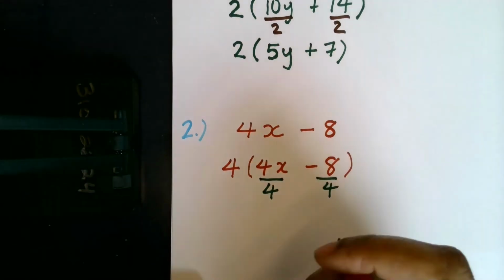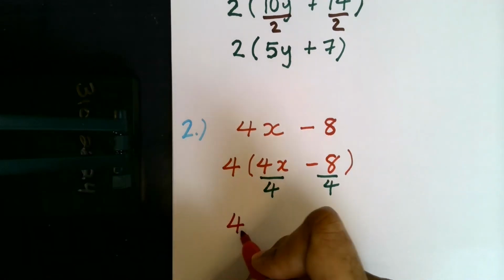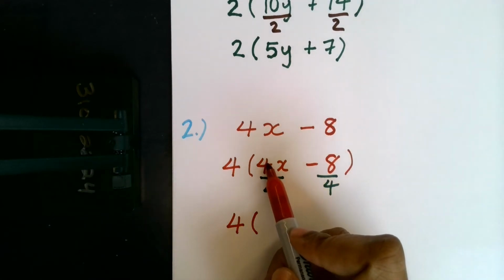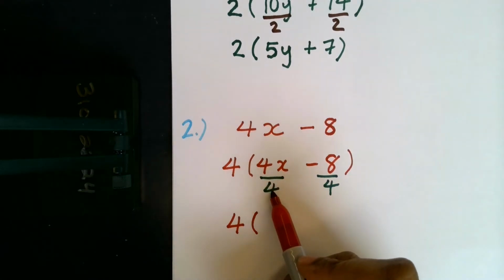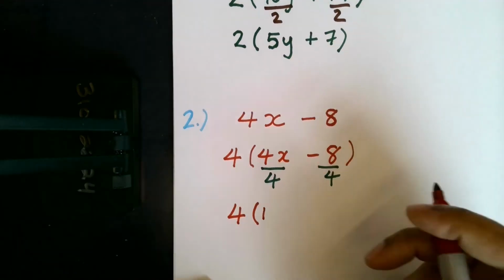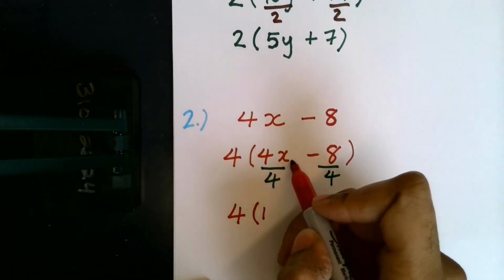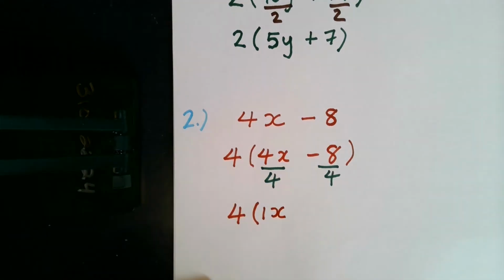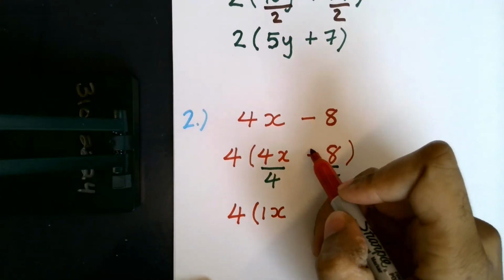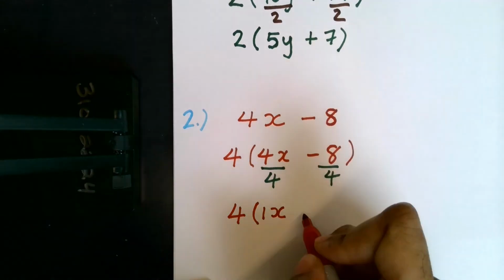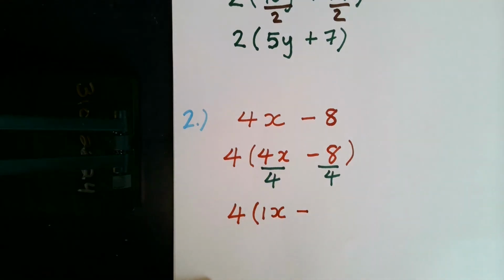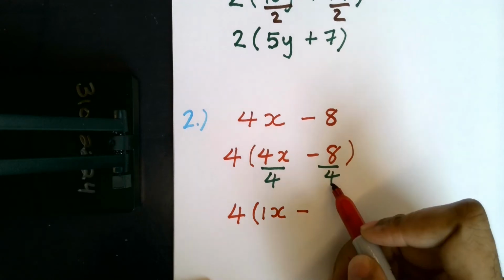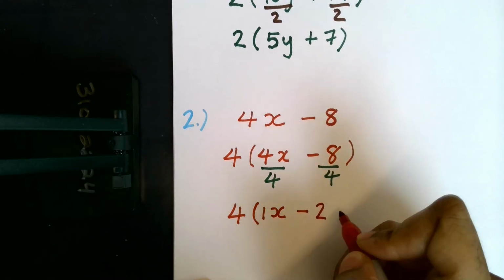So our answer is 4 parentheses, and we say 4 divided by 4, that is 1, and we have our x right here, and we are subtracting, so it's minus. Then we say 8 divided by 4. That is 2.